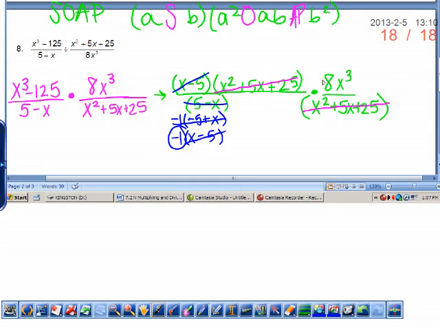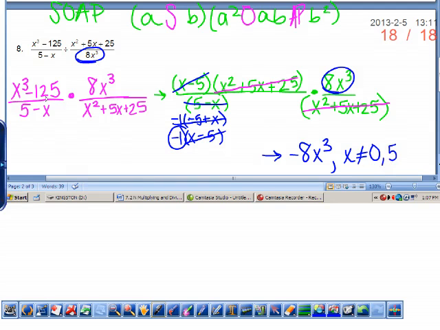So we're left with this negative 1, and we're left with this 8x cubed. What's 8x cubed over negative 1? Negative 8x cubed. For x values except, where are you getting 0? Good, because originally 8x cubed was in the denominator. So x cannot equal 0, and what else? 5.